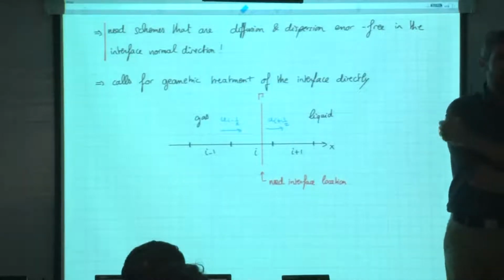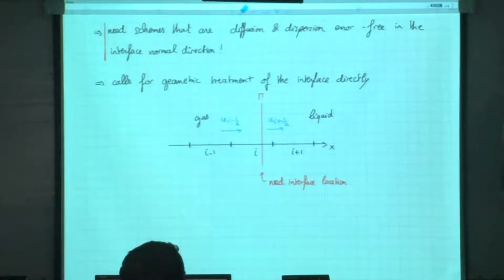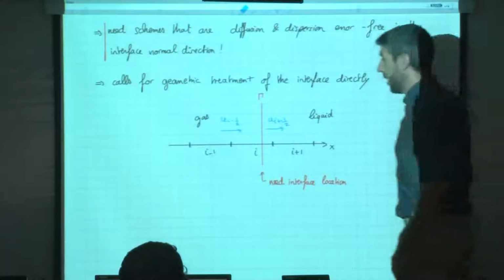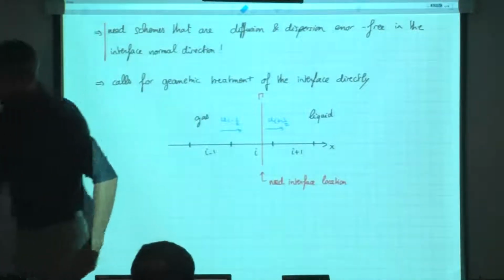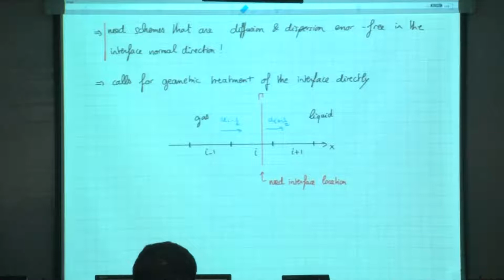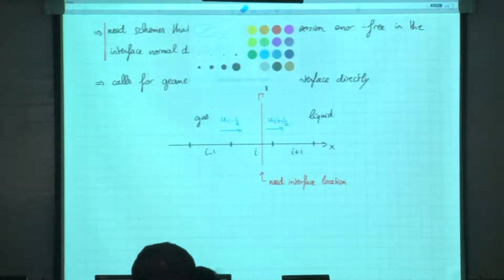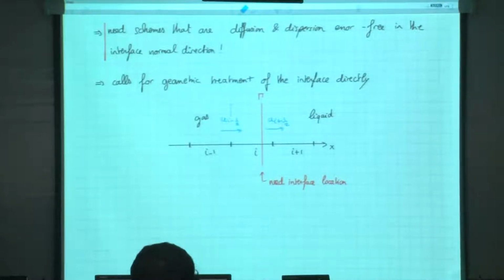In general, moving an interface is not necessarily that simple, but it's a possibility. An alternative option is to move the cell face. So I can take that cell face, or that cell face equivalently, and I can move them.